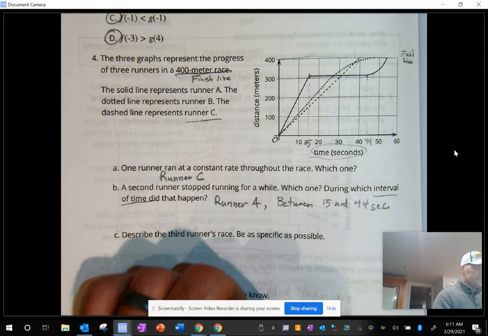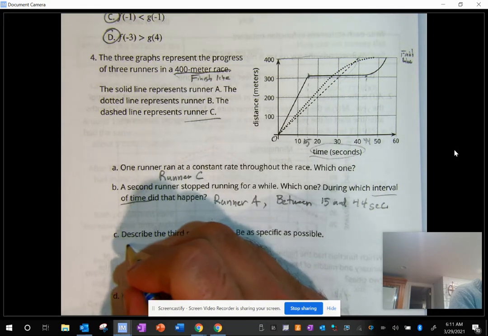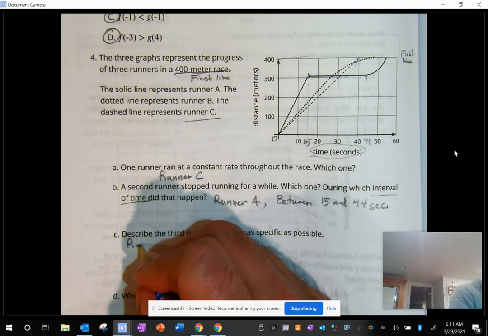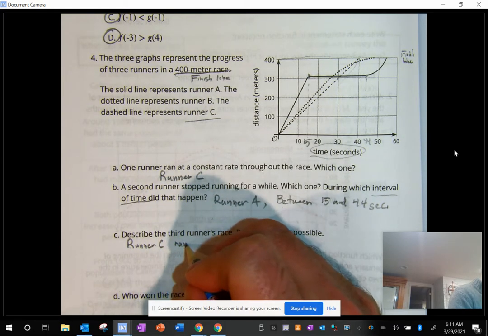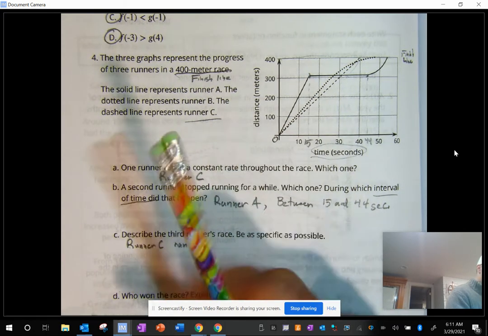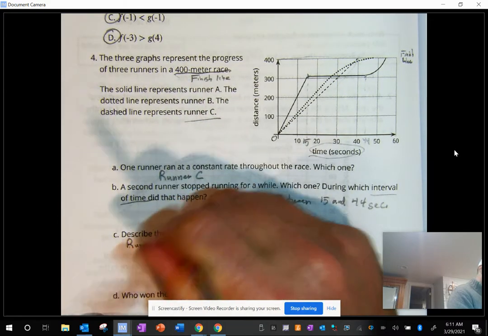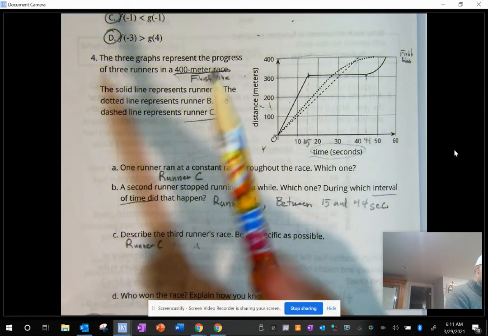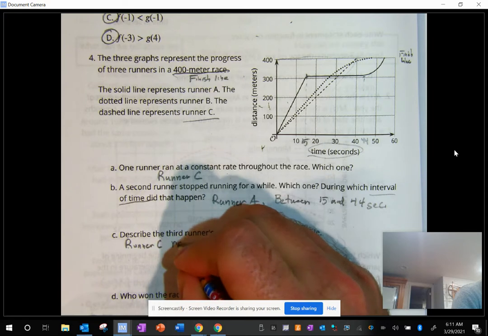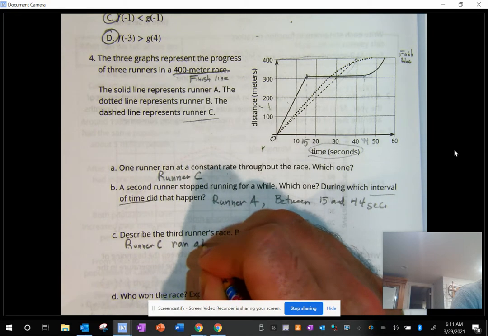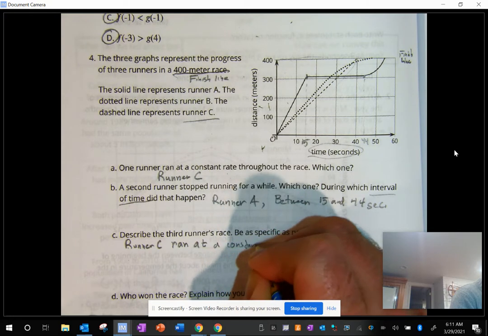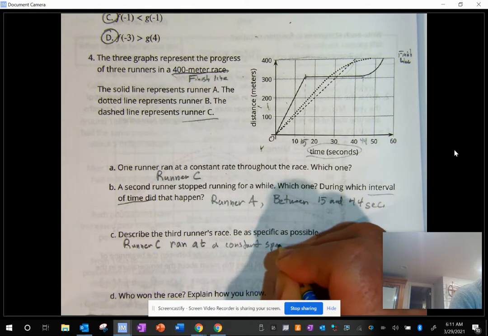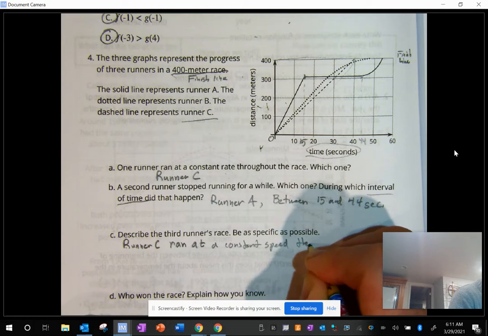Okay, so runner C began at a slower pace, or we could say ran at a constant speed the whole race.